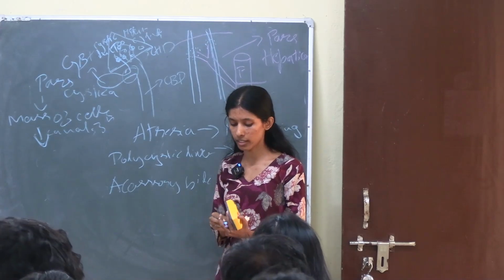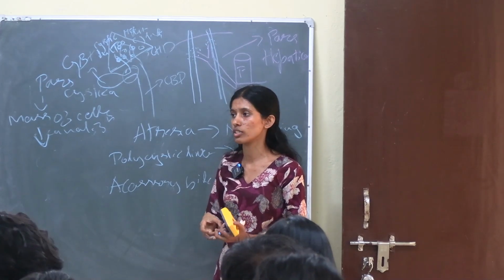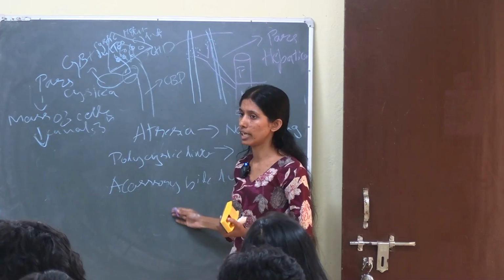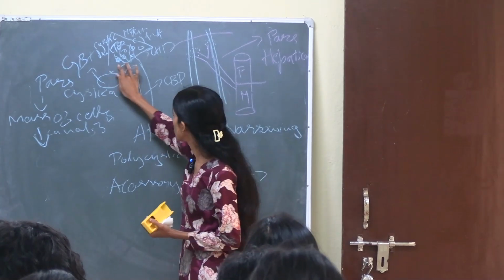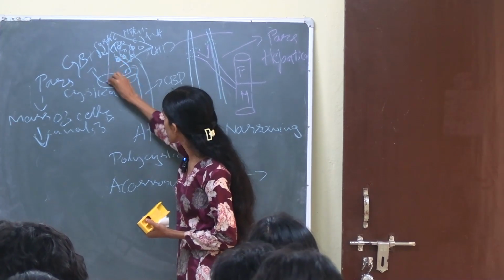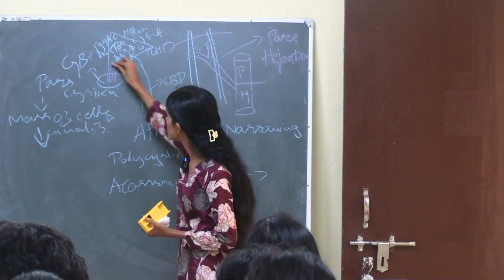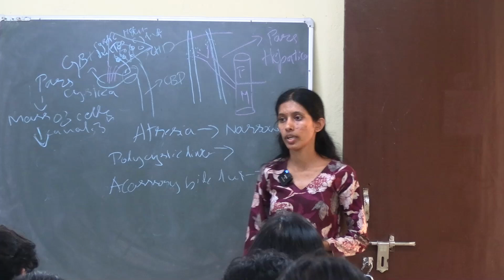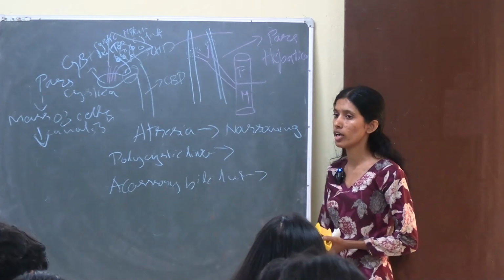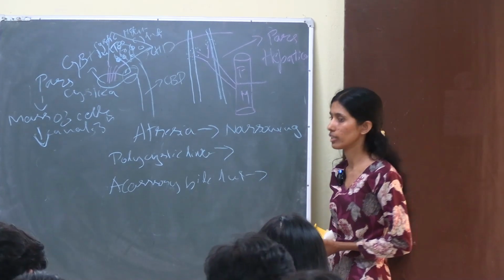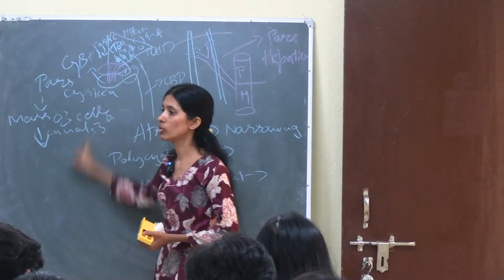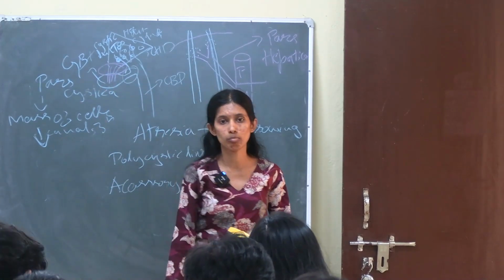So any other duct that forms along with your cystic duct will lead to a condition called accessory bile duct. Basically this part of the liver will directly connect with your gallbladder. Okay, so this condition is called accessory bile duct.